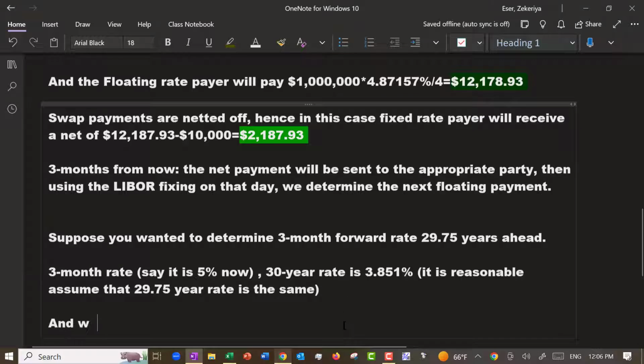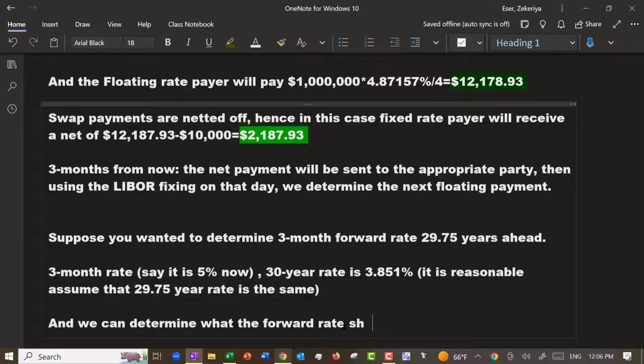We can determine, actually we don't even need the 3-month rate right now.